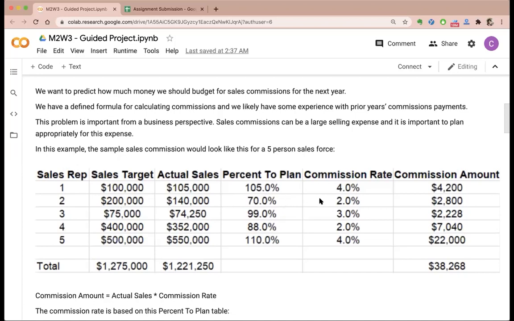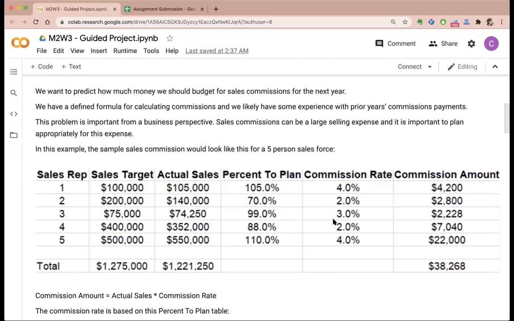And based on this percent to plan, we have a formula to calculate the commission rate. Of course, you want to give more commission, a higher percentage, to people who are achieving or overachieving their targets, right? So the commission rate is dependent on what percentage you achieve.